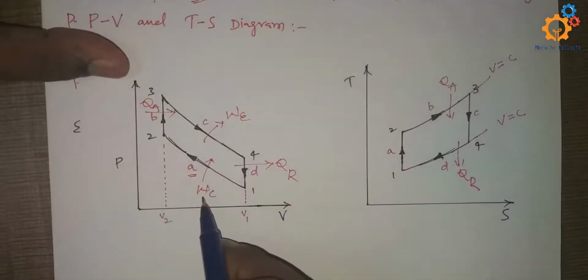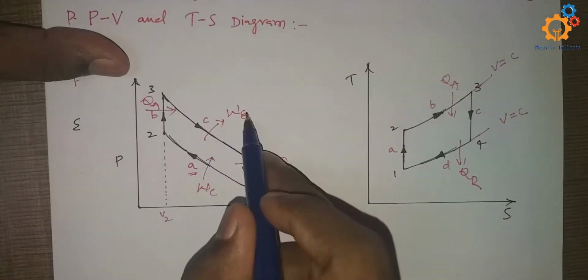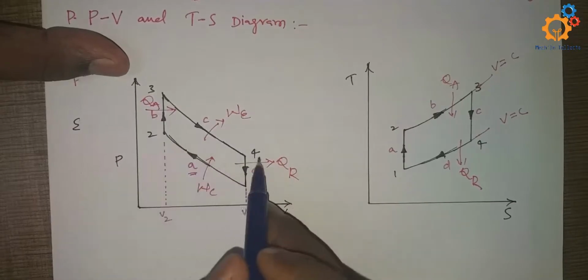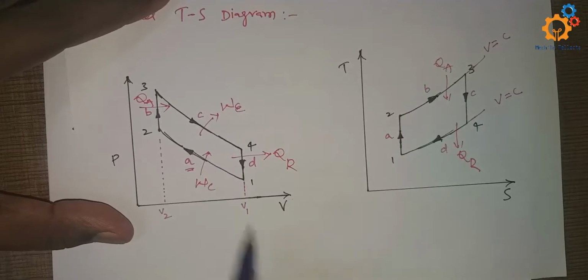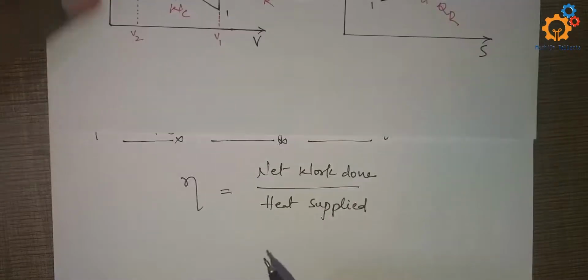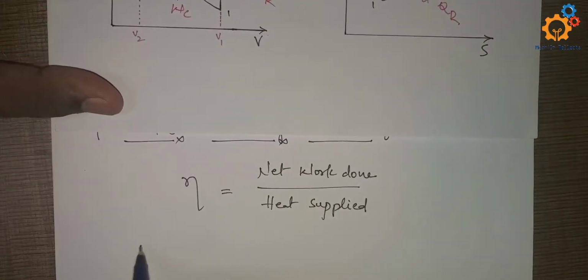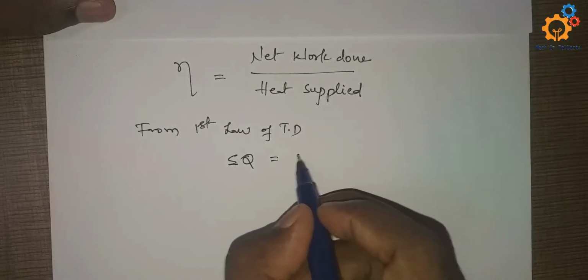See, work is transferring to the system in process 1 to 2, and we have useful work developing in process 3 to 4. We need to take net work done. Okay, if you apply first law of thermodynamics to this system, you will get from first law of thermodynamics, net heat transfer is equal to net work transfer.